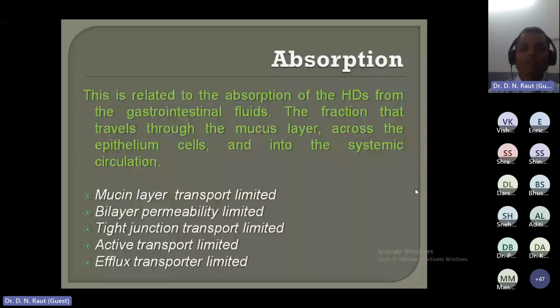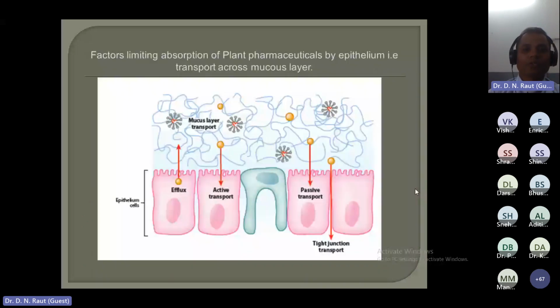That is, the mucin layer, the bilayer, tight junctions, active transports, and influx transporters, which are shown in pictorial form in this slide. So we have the epithelial cell and mucous layer transports, then passive transports, as well as tight junctions, which inhibit the travel of the desirable chemicals from the food as well as from the plant drug.